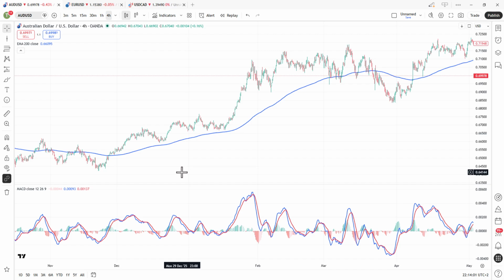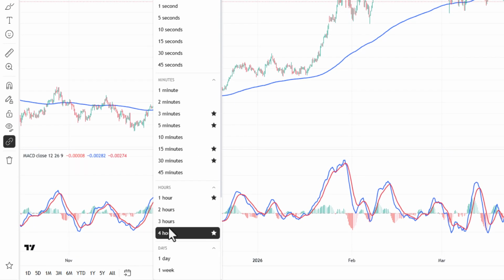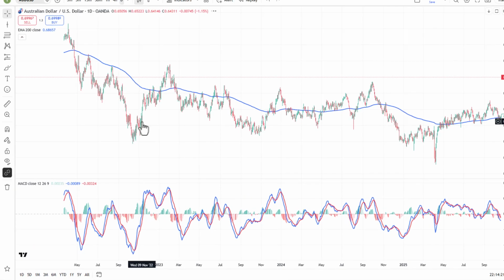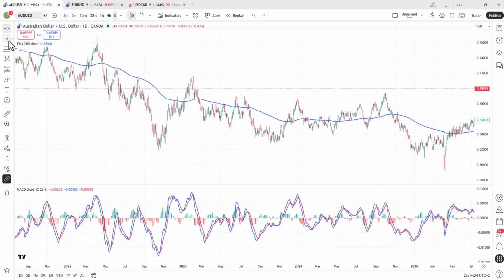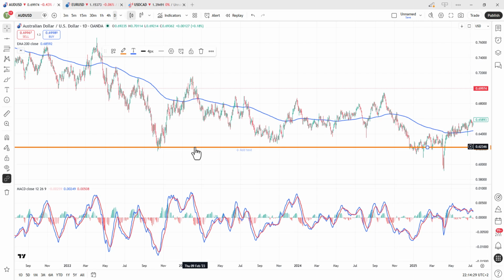But I would add one more thing. I will call it the final filter. And what I recommend you do is mark major support and resistance zones on the chart. The way you do this is you go to a higher time frame, say 4 hours or daily charts, and basically go to the top left hand corner and select the horizontal line, and then you can mark into the chart the most prominent support and resistance zones, because support and resistance is never a line, it usually is a zone.